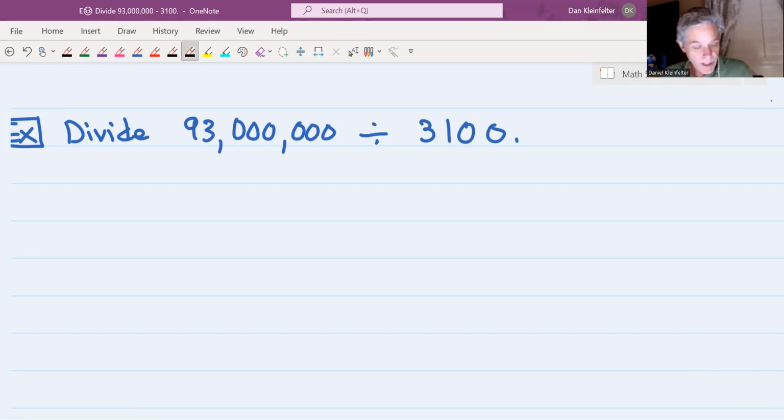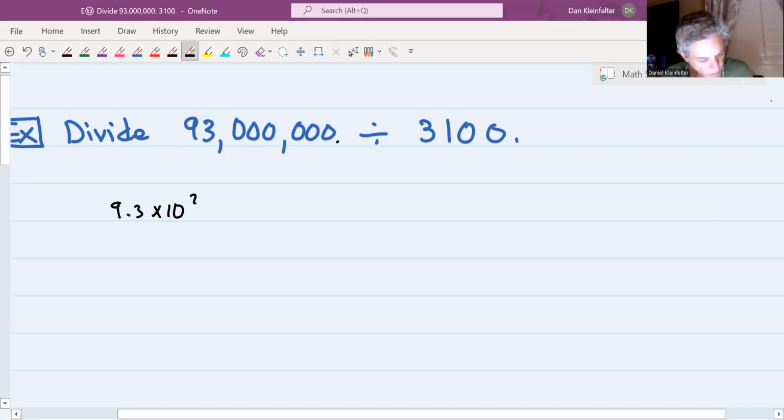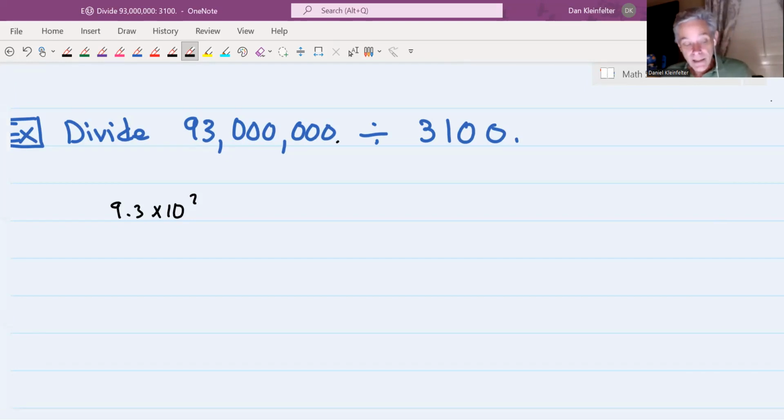93 million, this would be 9.3 times 10 raised to the 1, 2, 3, 4, 5, 6, 7. Let me check that again. 1, 2, 3, 4, 5, 6, 7. 9.3 times 10 to the 7th power. And then we're going to divide that by 3,100.